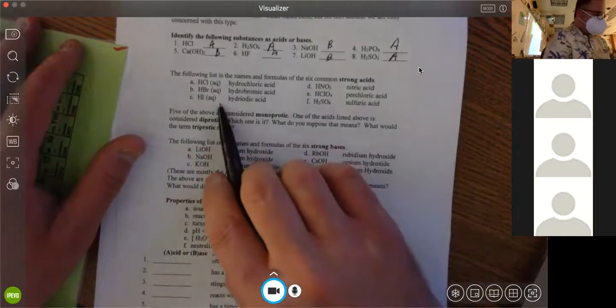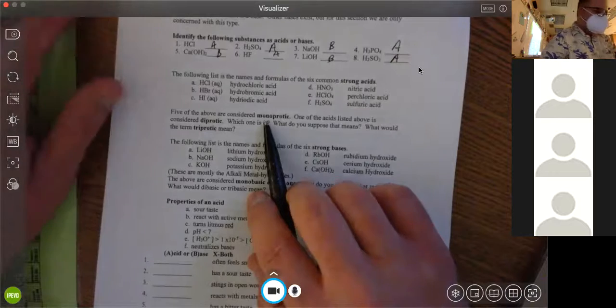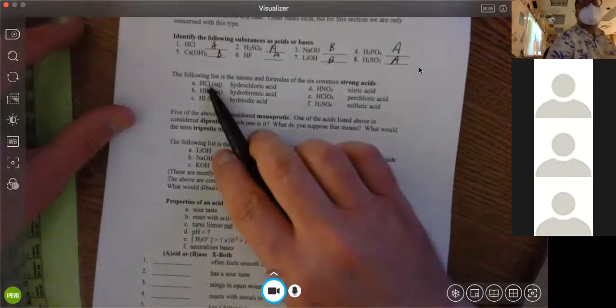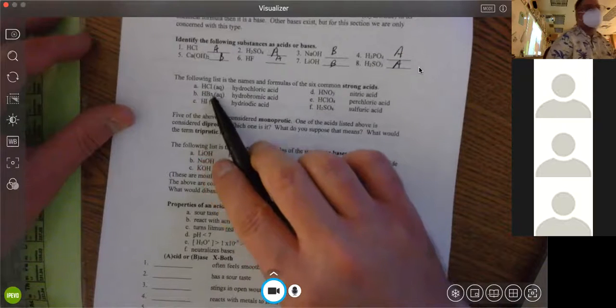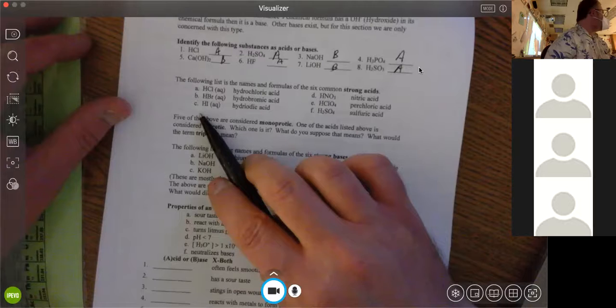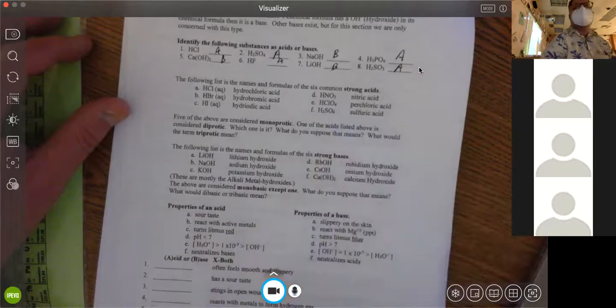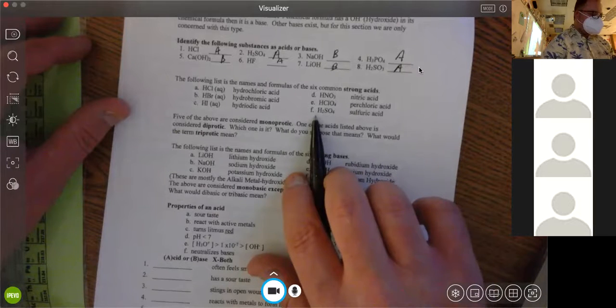5 of the 6 are considered what we call monoprotic, because there's just 1 H on each. And that makes sense because Cl has a -1 charge, so there only needs to be 1 H. Bromine has a -1 charge, so 1 H. Iodine has a -1 charge, so it's 1 H. Nitrate and perchlorate, -1, so it's 1 H. Sulfate, -2, so there are 2 H's.